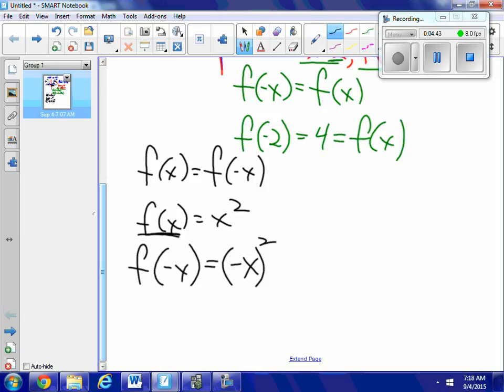I'm evaluating it for negative x, and when you square negative x, you indeed get x squared, and we can see that f of negative x and f of x are the same. So the function x squared is even.